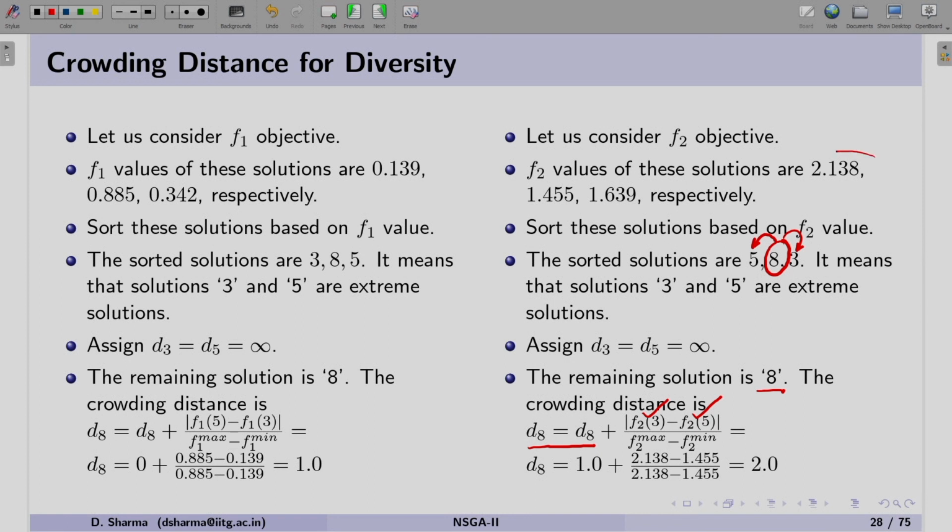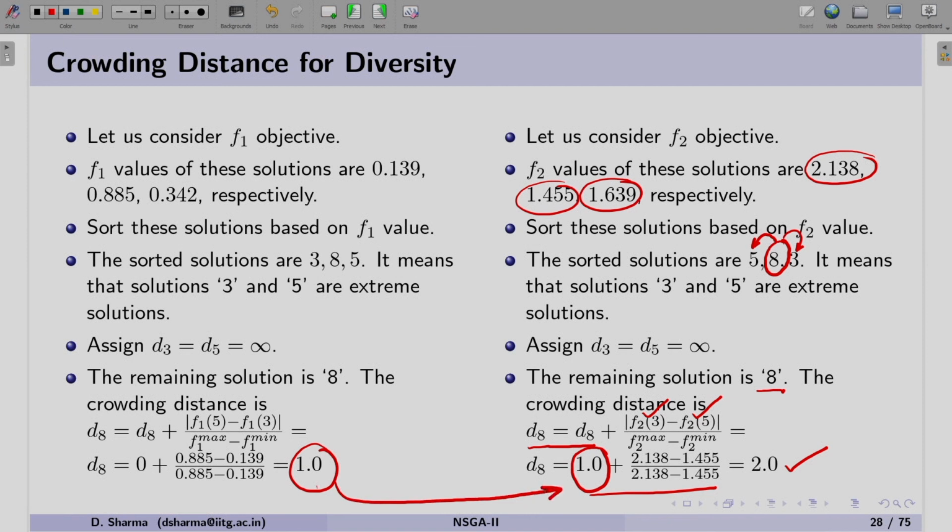From the second line, we already have the F2 values of these solutions. By putting them in, we get D8 equal to 2. The important point to notice here is that we have taken the previous component of D8. So, the crowding distance of solution 8 is 2, and D3 and D5 are very large values. Theoretically, it is infinite.